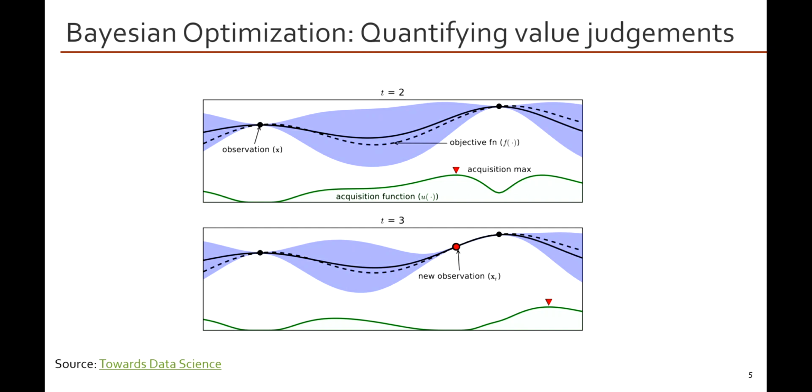Now, this process of taking information about a point and assigning it value as an experimental option is called an acquisition function.